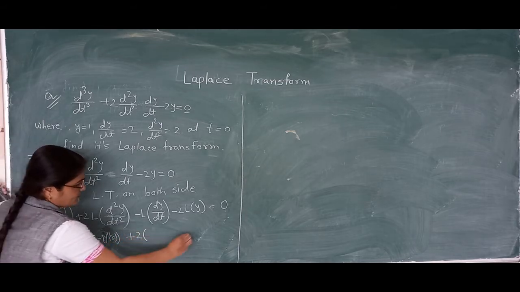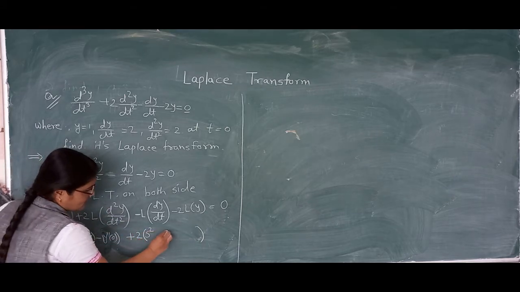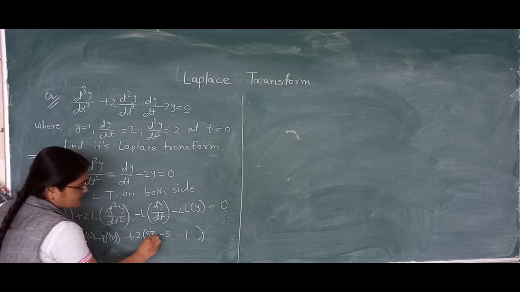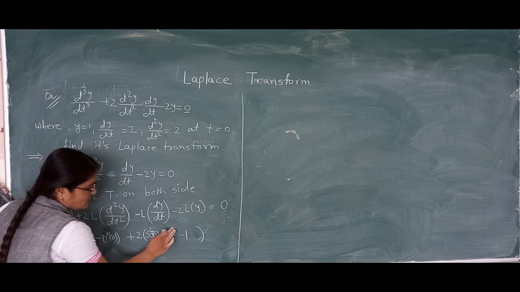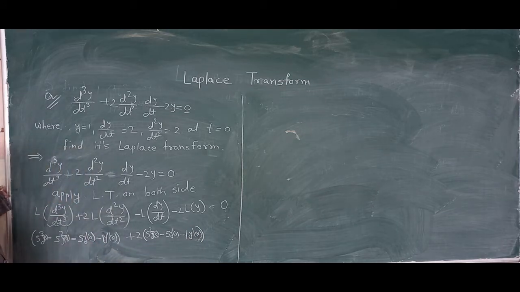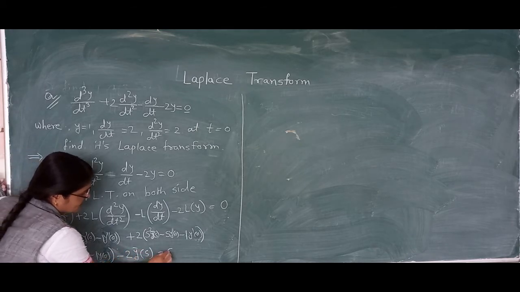Plus 2 into the second order derivative: s square, s, 1, y bar of s, y at 0, y dash at 0. Now for the third bracket, minus s, minus 1, y bar of s, y at 0, minus 2 into y bar of s equal to 0.